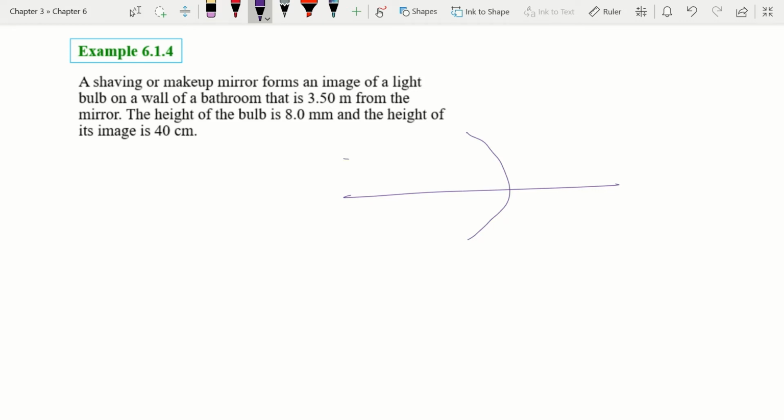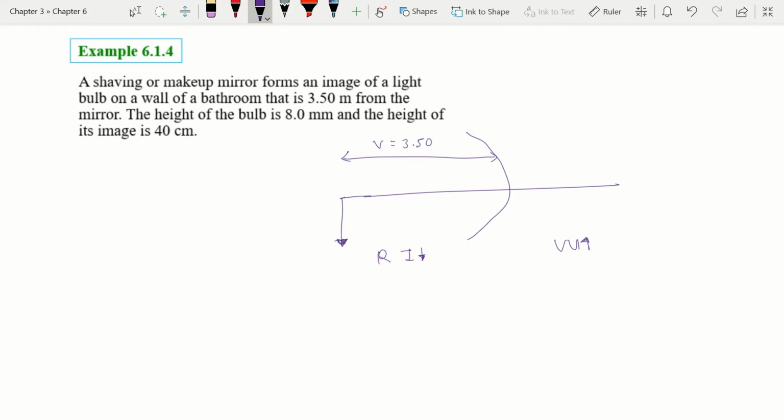So the image is 3.5 from the mirror, so your v is 3.5. And if it's formed in front of the mirror, it means the image is real and inverted. So we will have the image somewhere here because it's inverted.